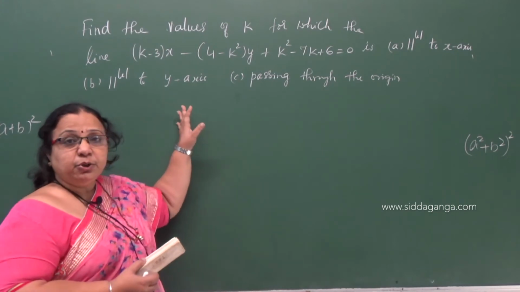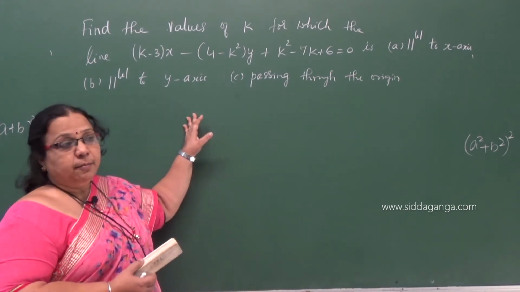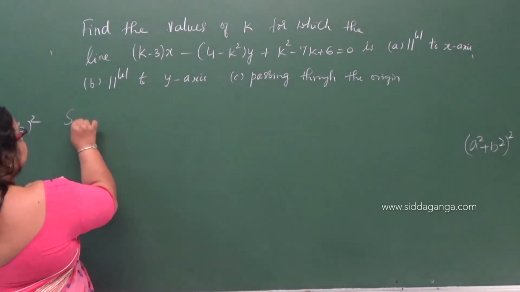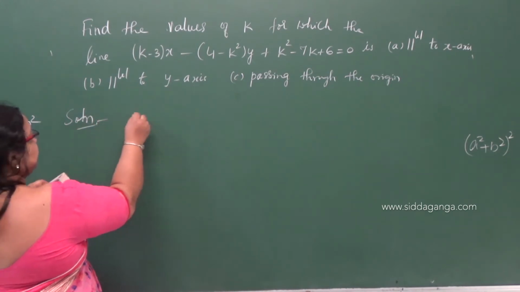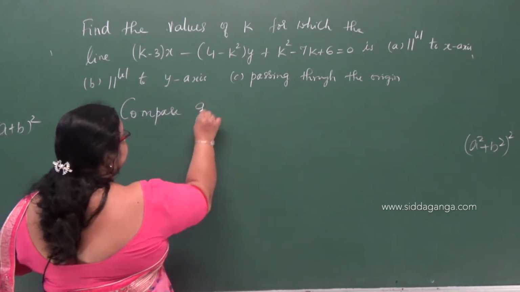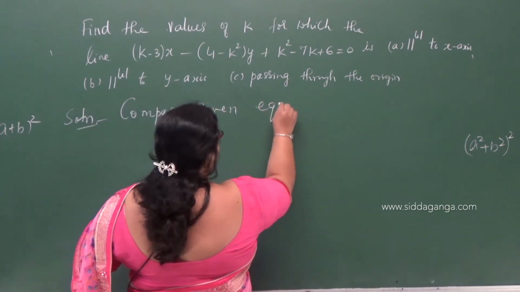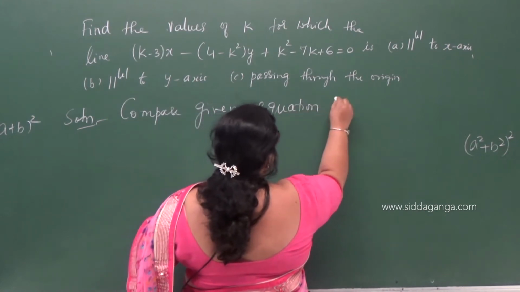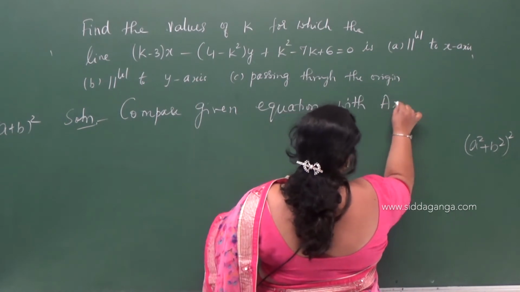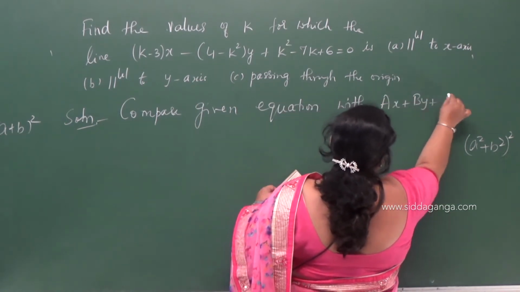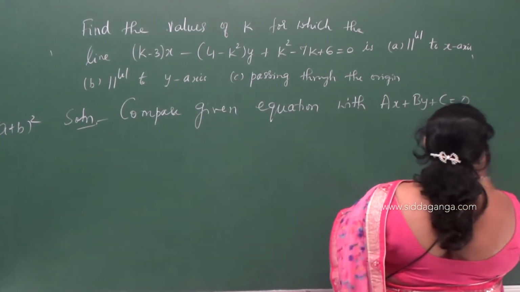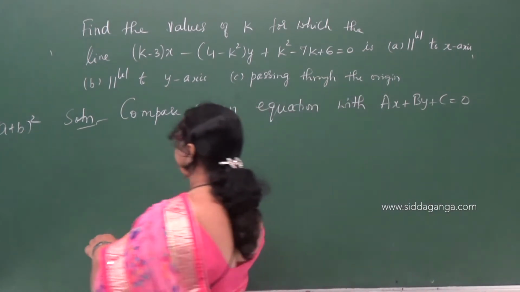Here the equation of the line is given, and hence we have to use the third method to find the slope. We have to compare the given equation with ax plus by plus c equal to 0, the general form of the straight line.